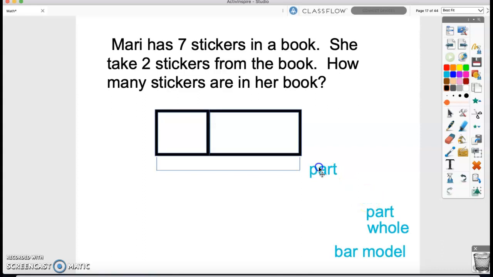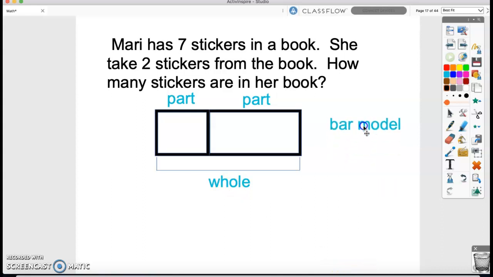And in our bar model, the two smaller sections are our parts. So I have a little part and another part. And all of it together, both of them together, are the whole. And we call this a bar model.